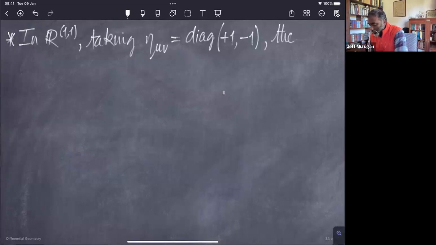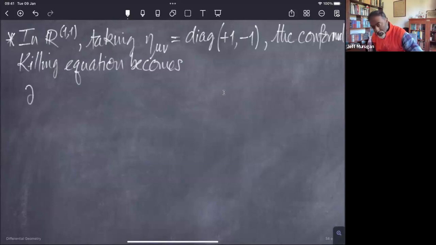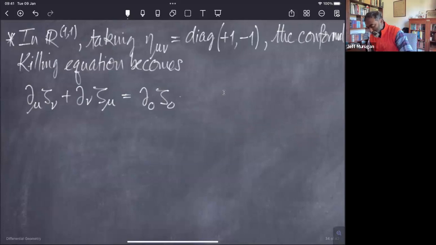With this, the conformal Killing equation reads, as usual, d mu zeta nu plus d nu zeta mu equals d naught zeta naught minus d1 zeta 1 times eta mu nu.